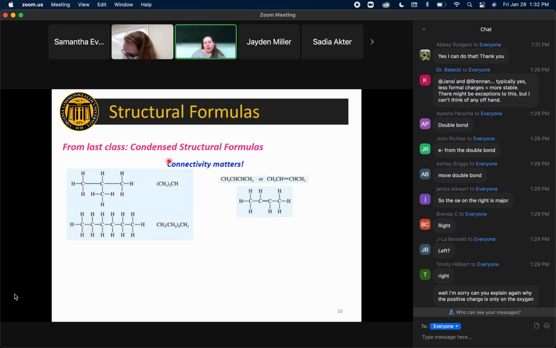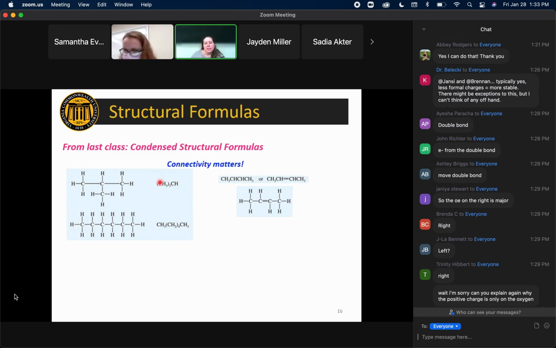So hopefully you guys read your book and reviewed the slides and know all about condensed structural formulas. One of the things that I want to point out is that these condensed structural formulas, which are shown to the right here for each of these Lewis structures, give us information about how the bonds are connected.